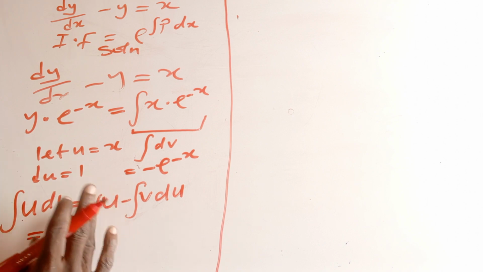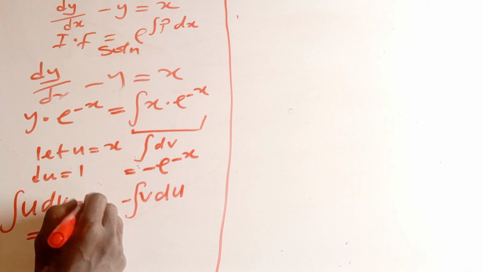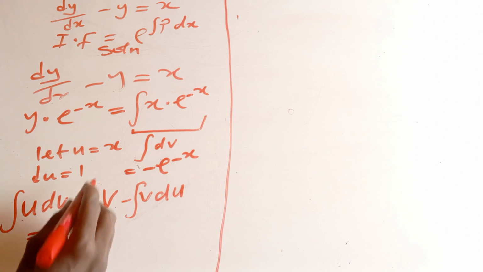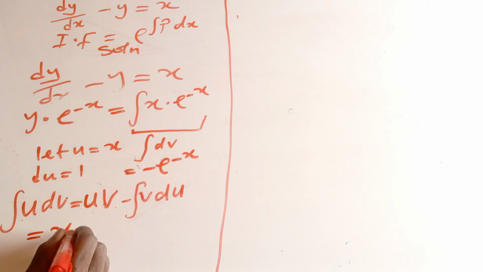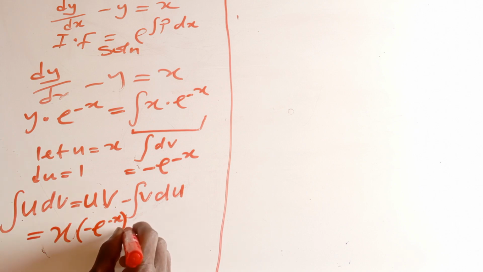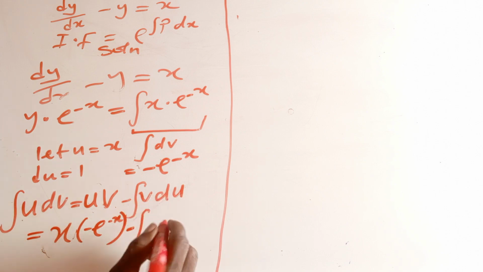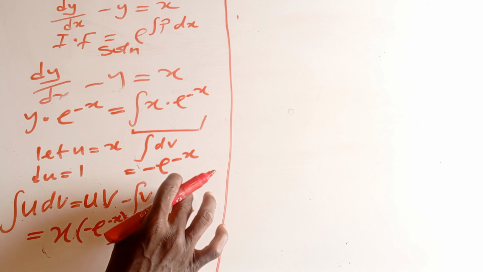The u is x multiplied by v, which is minus exponential minus x in brackets, minus the integral of v du, here we have minus exponential minus x multiplied by du.